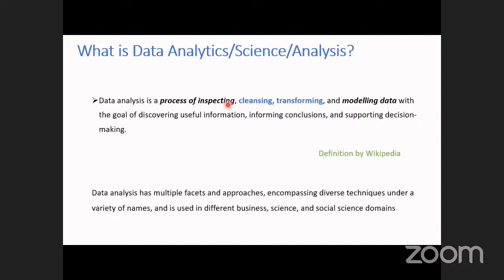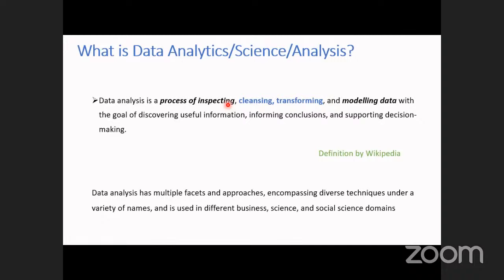And so as a data analyst, what you do is that you should be able to what? Process information. You should be able to inspect data. You should be able to clean data. You should be able to transform the data and analyze the data. The one, modeling there, simply means analyzing. So in the process of defining what data analysis is, we see that you have to do with inspecting. All of that constitutes the data analysis process.